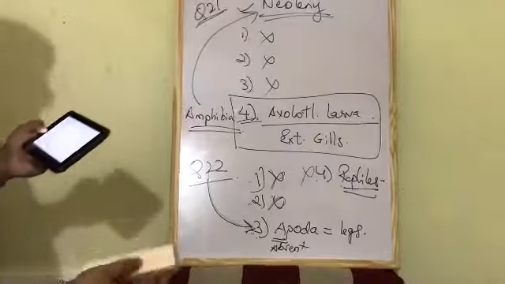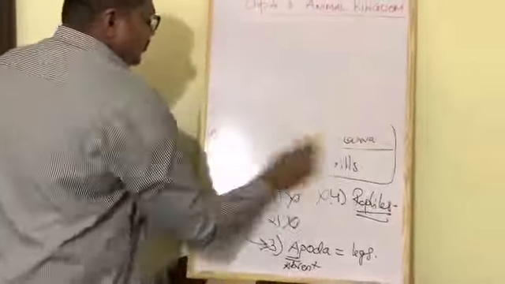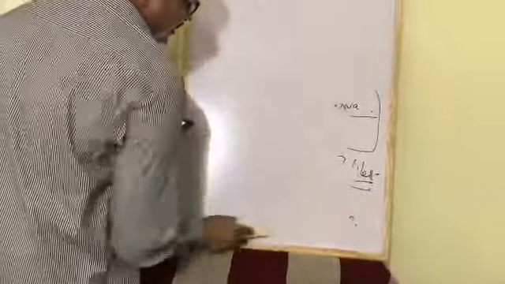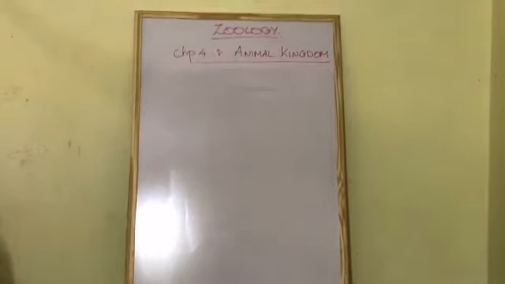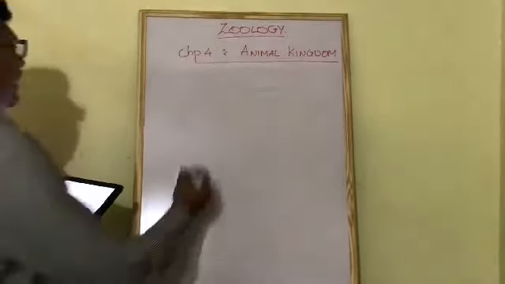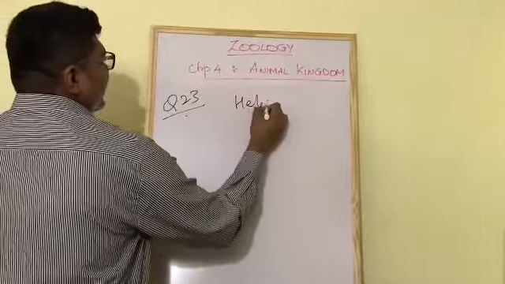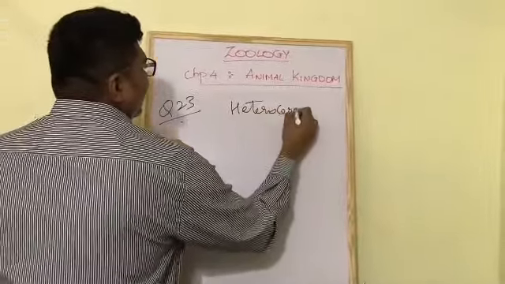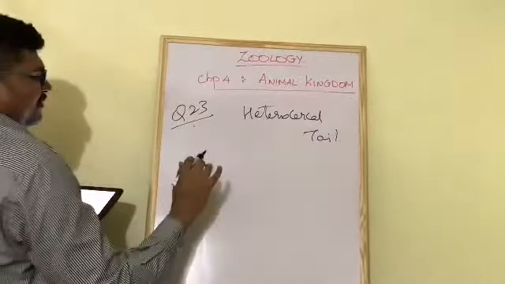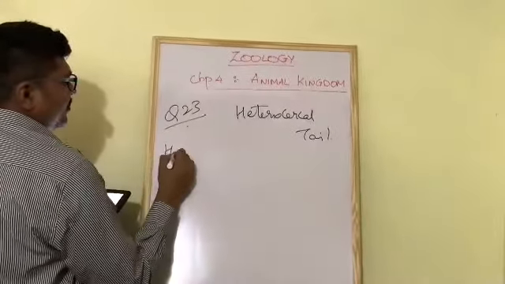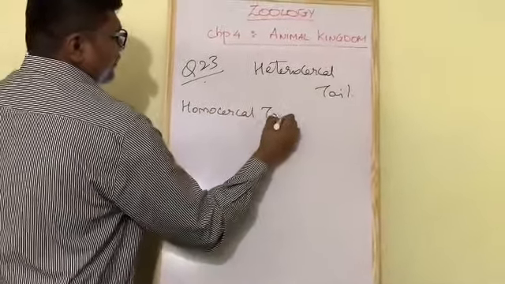Let's go to question number 23 now. Let us read question number 23. Question number 23 says, heterocercal tail is found in. Now you need to first understand what a heterocercal tail is. There are two types of tails: one is the homocercal tail and one is the heterocercal tail.